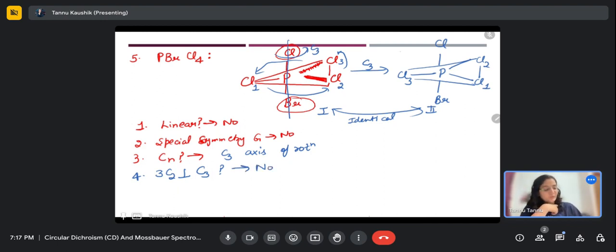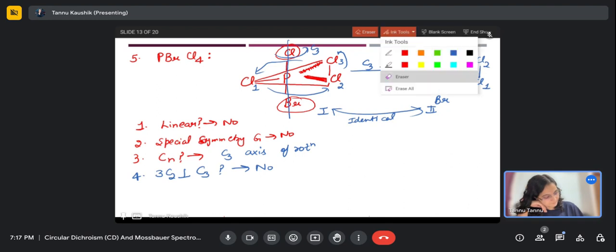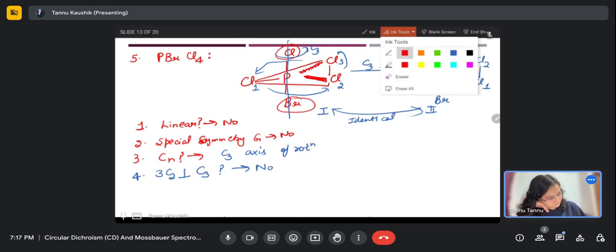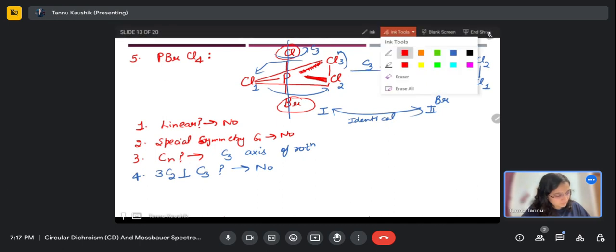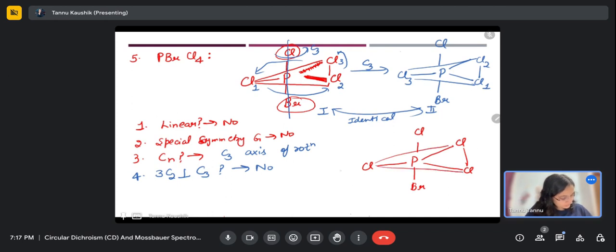So no, we don't have any C2 axis because perpendicular to the C3 axis, let's say if we have this C2 axis passing through this PCl bond and we rotate this molecule around this C2 axis, then we will get an inverted configuration.